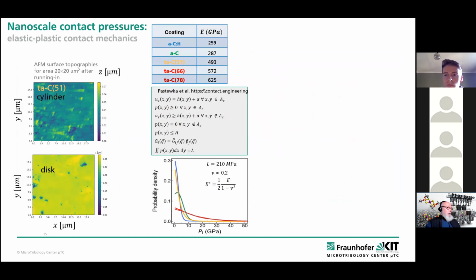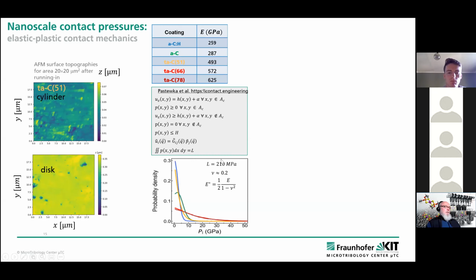So next, we wanted to ask ourselves, what are the differences in contact pressures for the 5 different coatings? They have different stiffness, so there should be something different in the contact pressures. So we performed an elastoplastic contact mechanics calculation. We took AFM data from Lyon. We fed the contact mechanics code of Lars Pastewka with Young's modulus provided by Lyon.